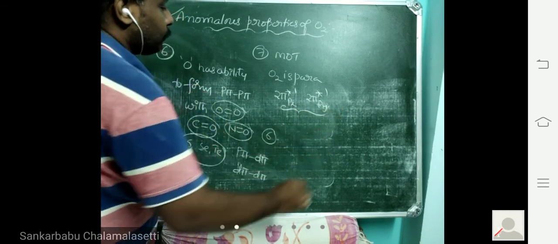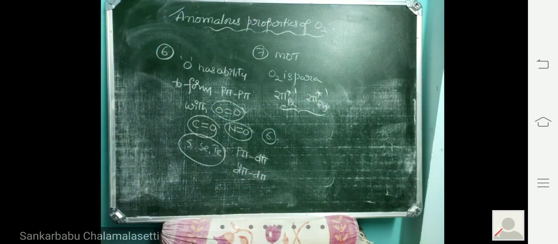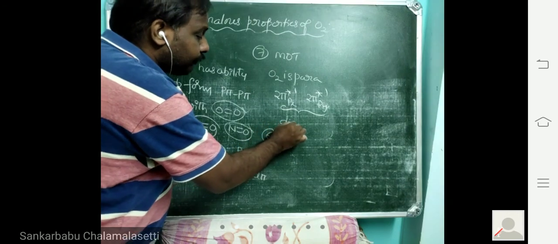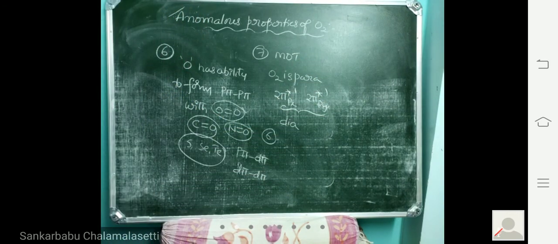It contains two unpaired electrons in anti-bonding molecular orbitals. Due to this, oxygen is paramagnetic, whereas the other elements of this group are diamagnetic. These are the anomalous properties shown by oxygen.